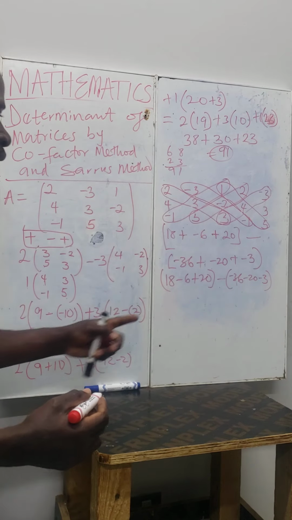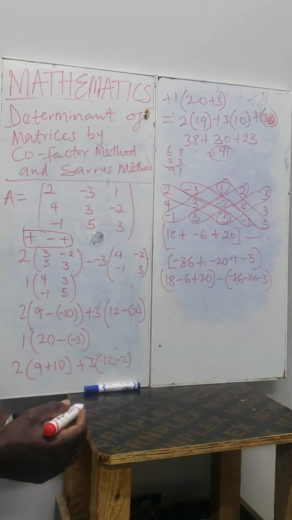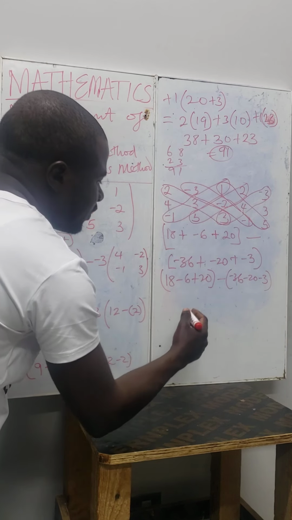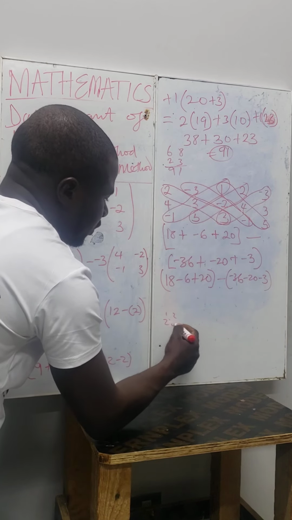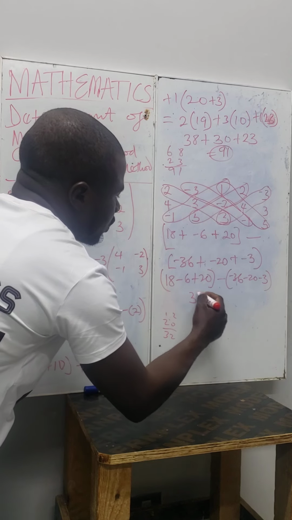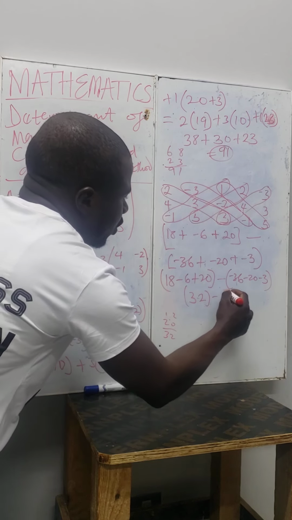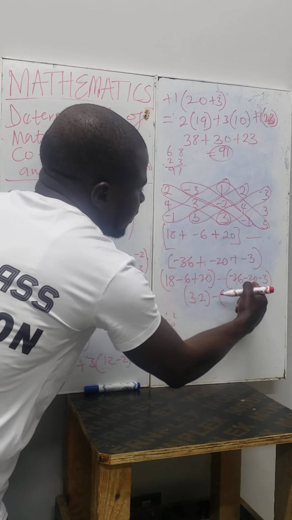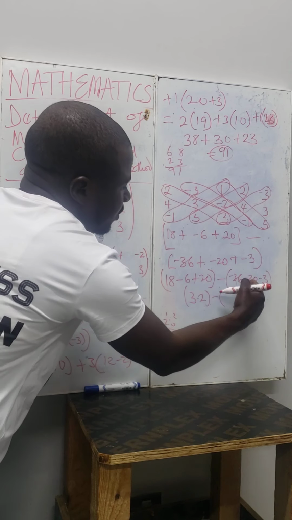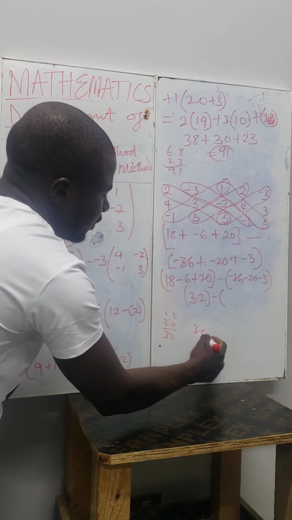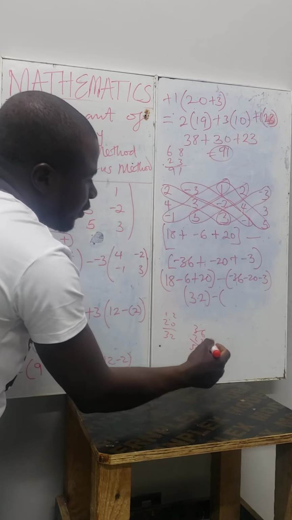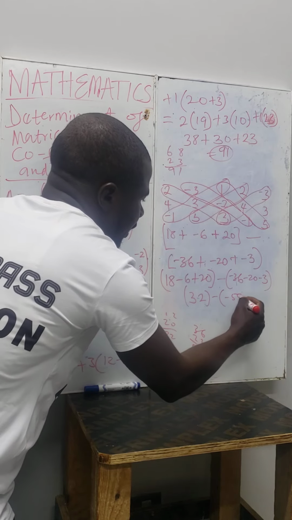Are we following? What is 18 minus 6? That is 12. 12 plus 20 is 32. Then we have minus 36 minus 20 minus 3, which is minus 59.